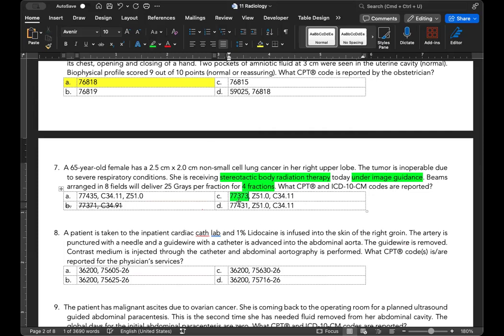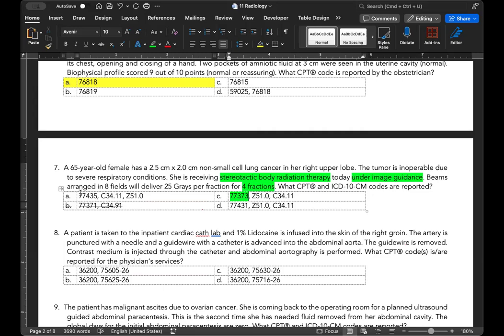I want you to see that if you would have gone to 77435 instead of the 77373. If you would have read 77435 first, it sounds very similar to our 77373. However, there's some differences. 77435 indicates that it's for stereotactic body radiation therapy, but it's for treatment management. Yes, Sandy. Where the 77373 is for the treatment delivery.